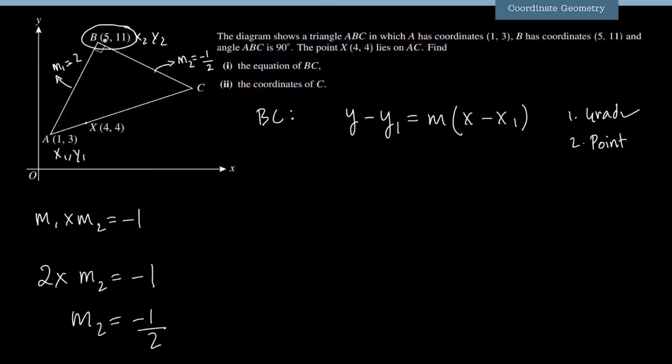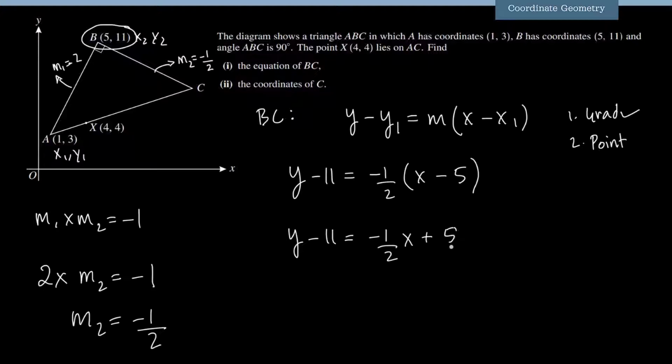So x1 is going to be 5 and y1 is going to be 11. Now I can find the equation. It would be y minus 11 is equal to -1 upon 2, the gradient, times x minus 5. This gives me y minus 11 is equal to -1 upon 2 x plus 5 upon 2.